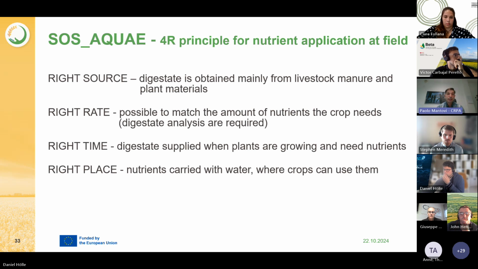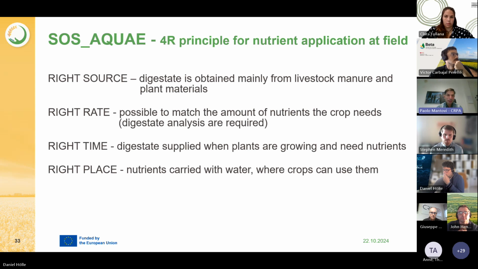Of course, digestate analysis are required. Right time, because the digestate is supplied when plants are growing and need nutrients. And right place, because the nutrients are carried with water where the crops can use them. In fact, this solution is placed close to the roots.